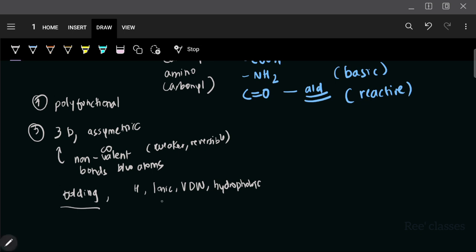What is ionic? Meaning the plus minus side chains, right? The positively and negatively charged side chains, the interaction between them forms, it's not a bond per se, but it gives it a shape, right? Then hydrogen would be a hydrogen atom that is bonded to an electronegative atom and another one.